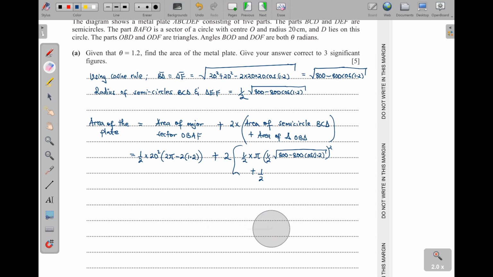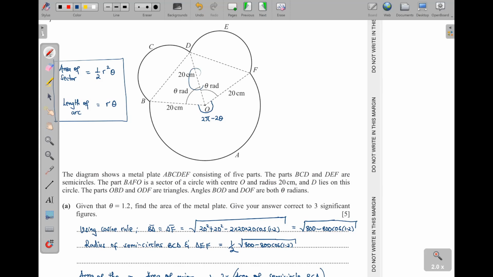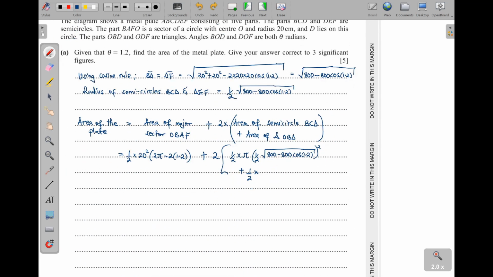So that is what I'm going to put here, and then I say that a half times, we have the 20, we know it, the 20, and then the angle here. Okay, so we shall have a half here times 20, then sine of the angle, which is 1.2, given there.